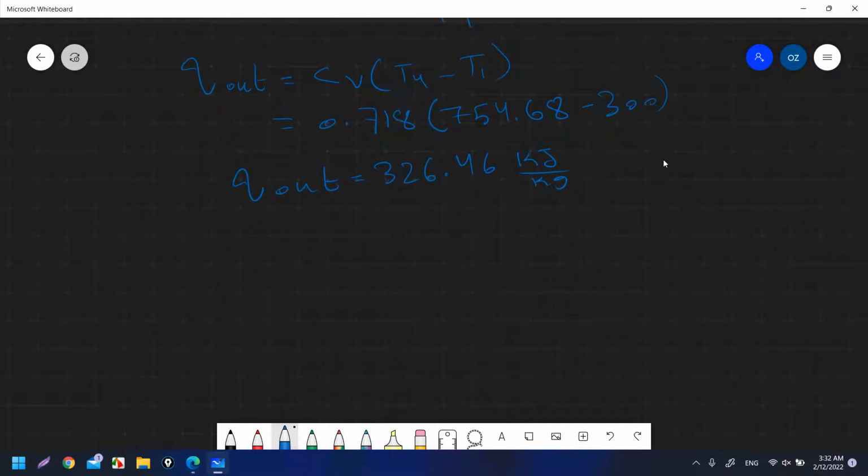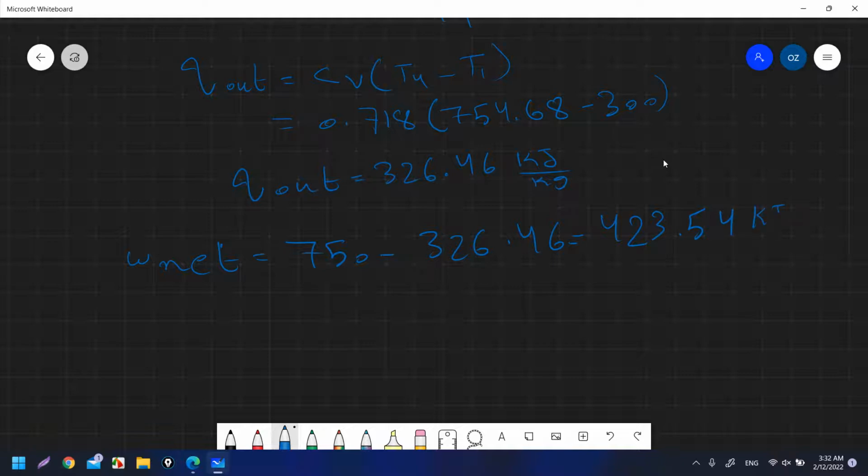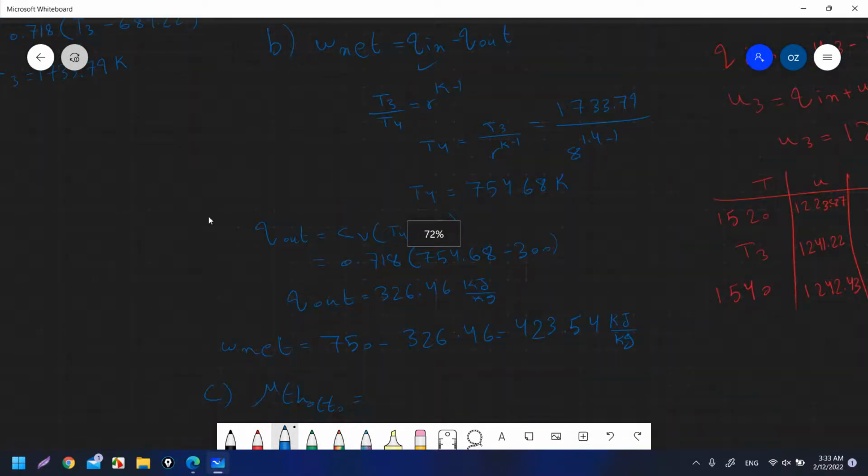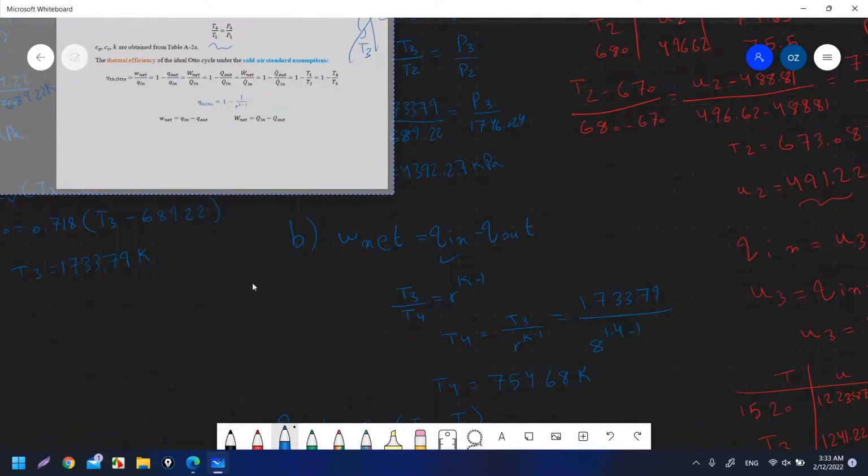Okay, and finally Wnet equals Qin minus Qout. Qin is 750, Qout is 326.46. Then Wnet is 423.54 kilojoule per kilogram, and that is for part B. For part C, the thermal efficiency for the Otto cycle, you can use any of these equations.